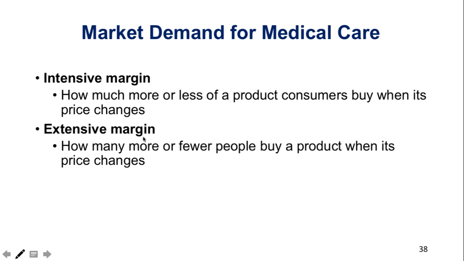The extensive margin is about how many more or fewer people buy a product when its price changes. We are talking about the number of consumers here, not the amount each consumer is consuming.